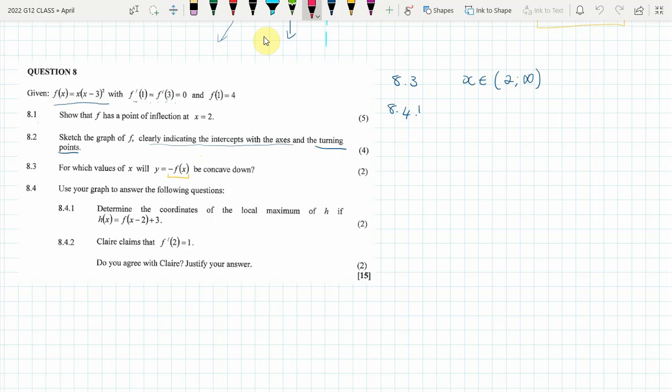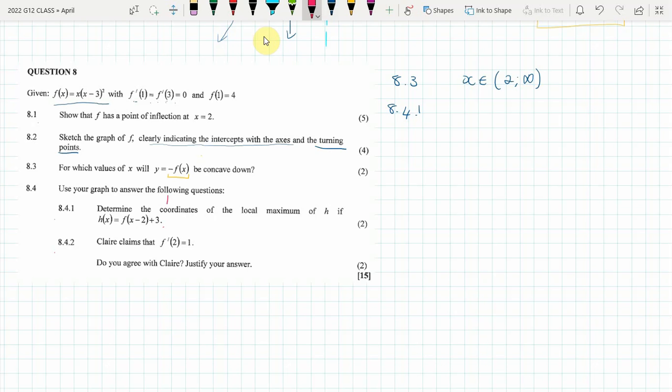Do you think you still remember transformations? I don't know. You don't know. Okay, so as a challenge, I'm going to ask you to do these ones at home on your own, the next two, 8.4.1 and 4.2. If you look somewhere in our notes, you will find a way to describe.